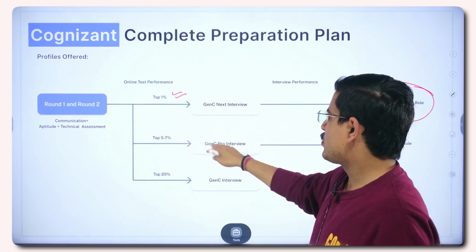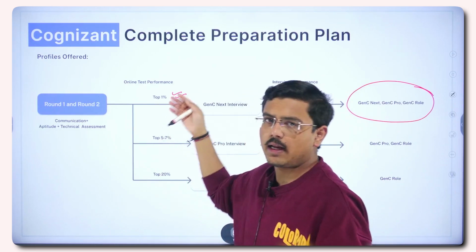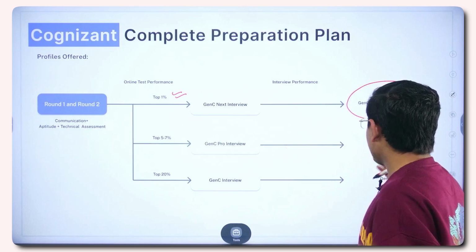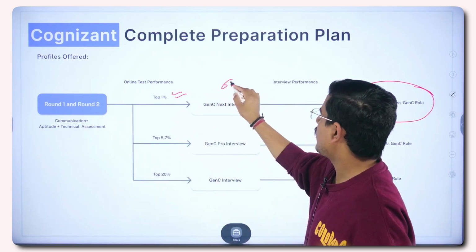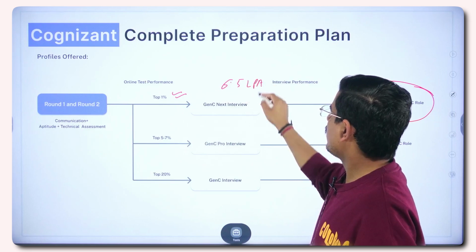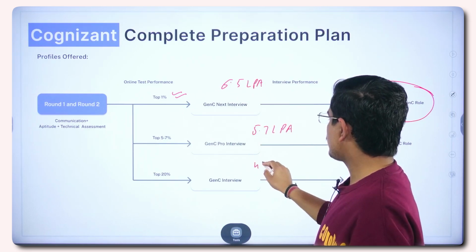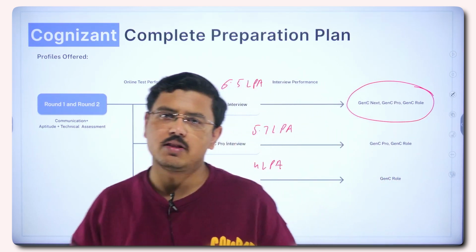Then top 5 to 7% get the GenC Pro interview. So if you're slightly below the top 1%, then you'd get the GenC Pro interview, and GenC Pro or GenC role would be offered to you. So basically this is 6.5 LPA approximately, this is 5.7 LPA approximately, and this is 4 LPA approximately. Fine, top 20% will get the GenC interview.